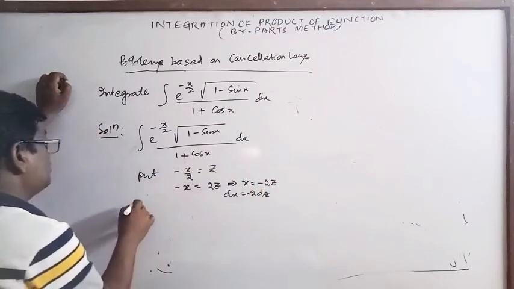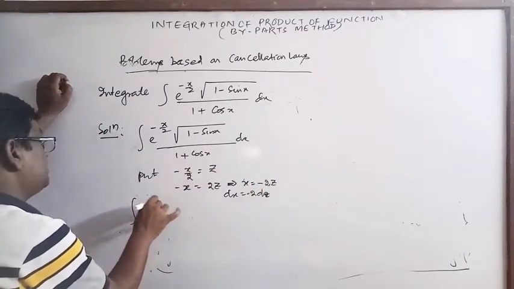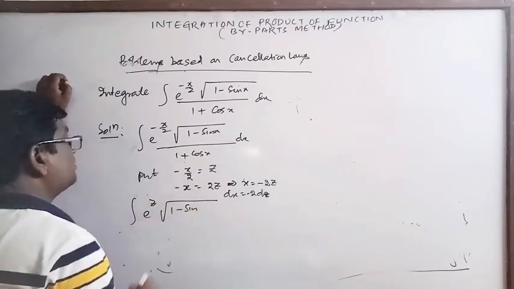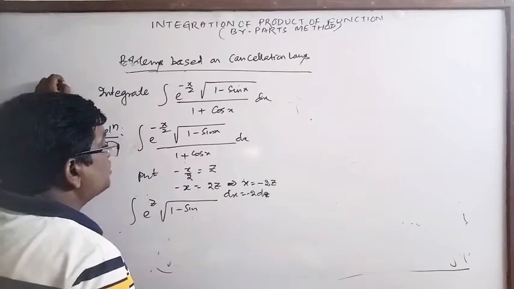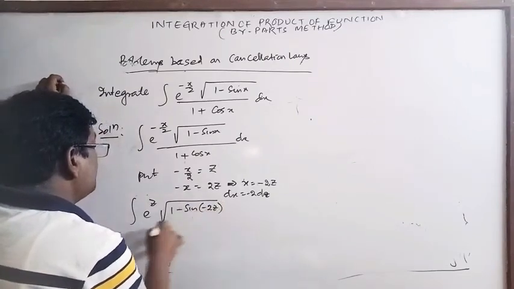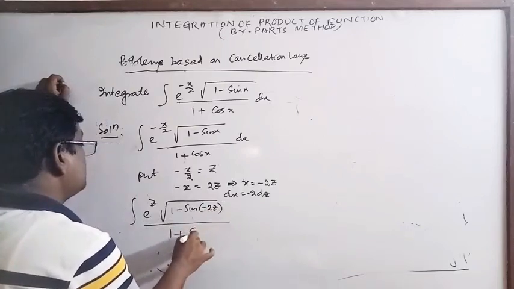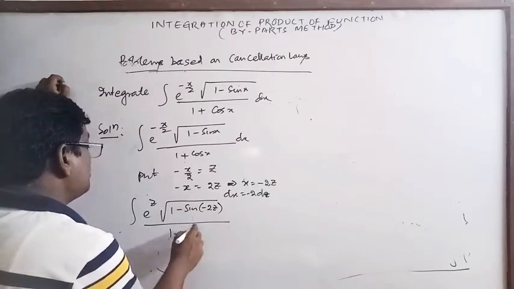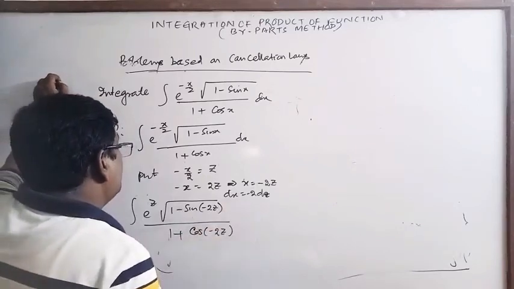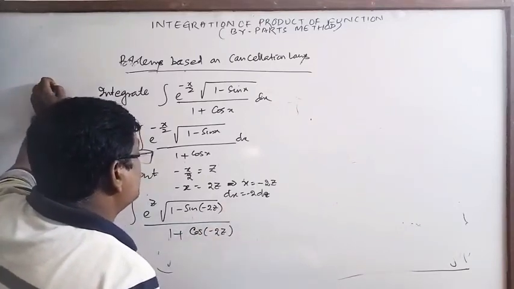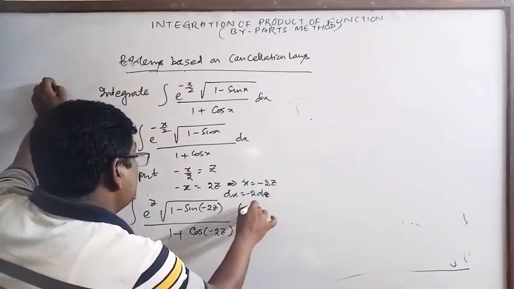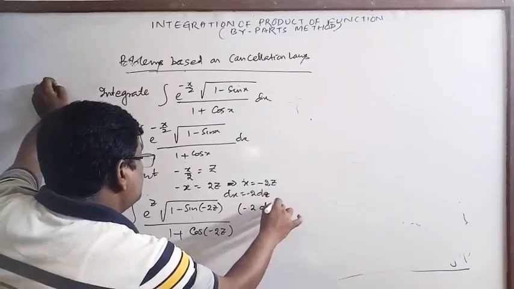So this is equal to e to the z, and root over 1 minus sin x means what? x means minus 2z, divided by 1 plus cos of minus 2z, and dx is equal to minus 2 dz.